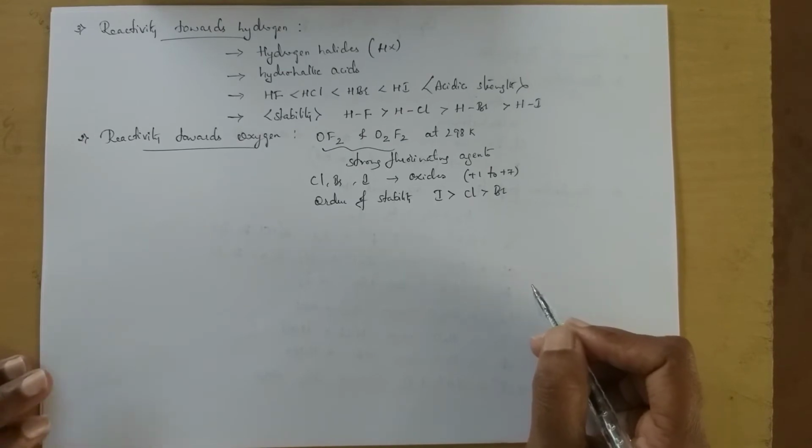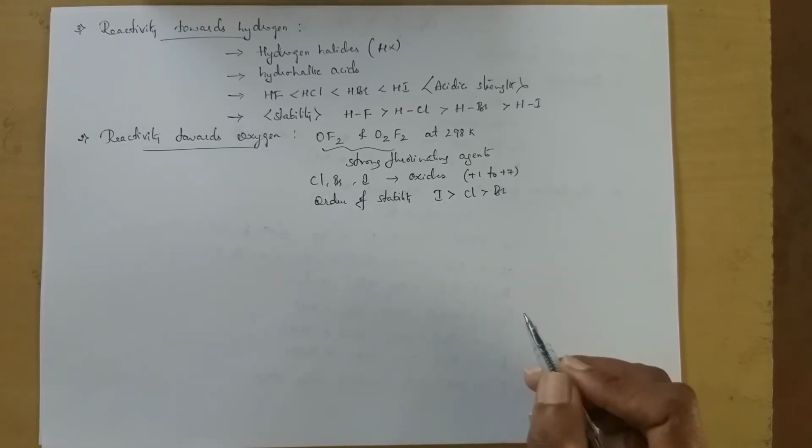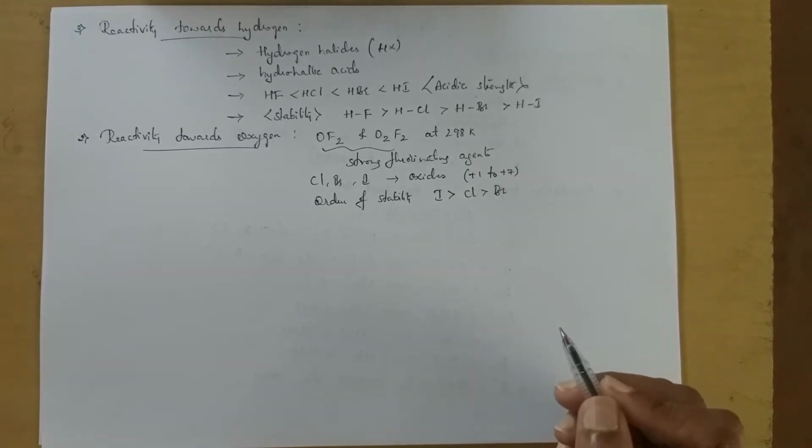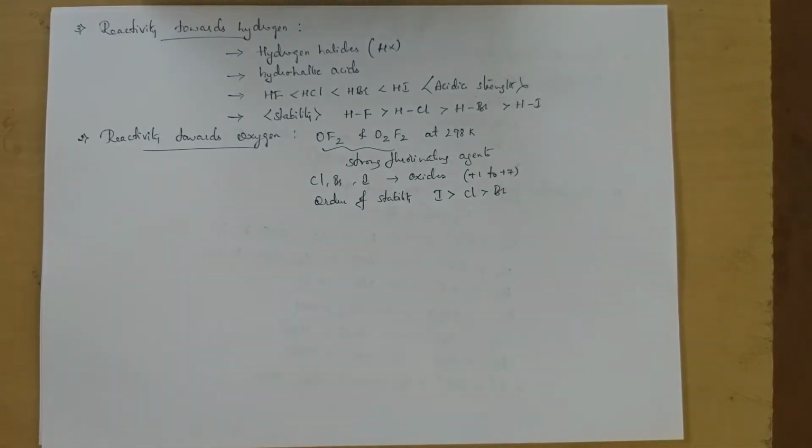These oxides of chlorine are stable due to the formation of multiple bonds with oxygen, due to the presence of d orbitals. Since d orbitals are involved, we have multiple bonds with oxygen, hence oxides of chlorine are more stable.